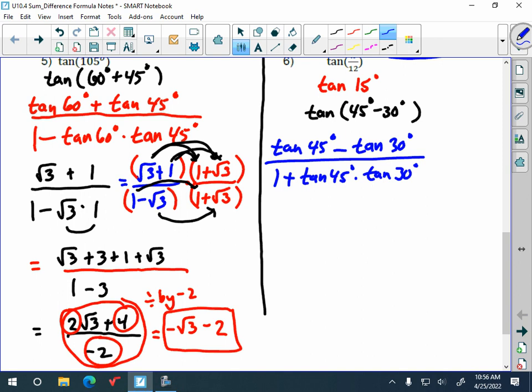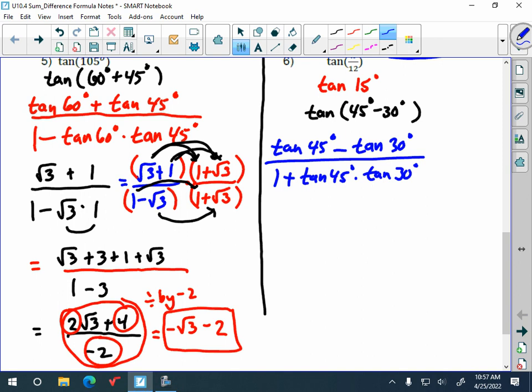Make sure you're showing the steps, because if all you do is give the answer, I know some of your calculators will give you the exact answer, but if you don't show the steps, I can't give you credit, because the calculator is doing the work, not you. So be careful with your calculators.